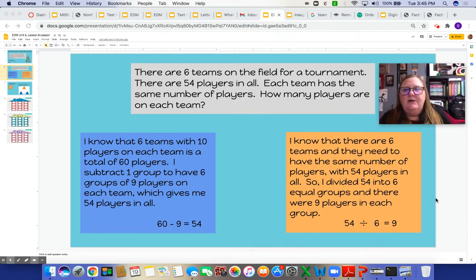I know that there are 6 teams and they need to have the same number of players, with 54 players in all. So I divided 54 into 6 equal groups, and there were 9 players in each group. So it would be 54 divided by 6 equals 9.